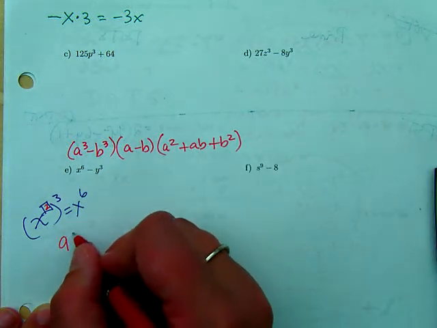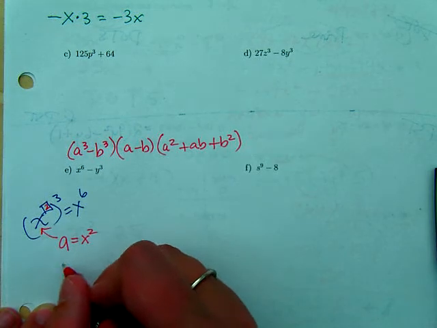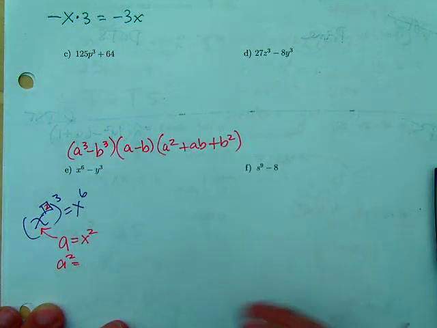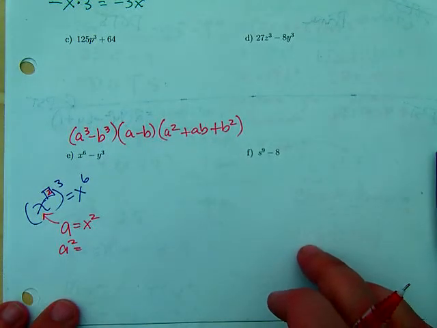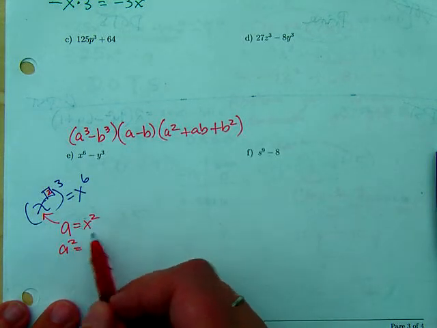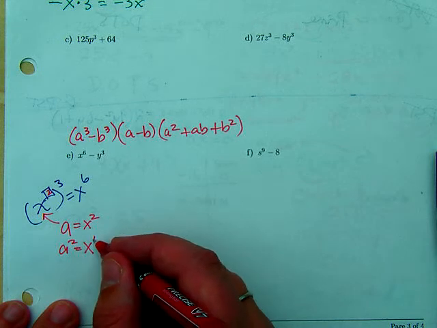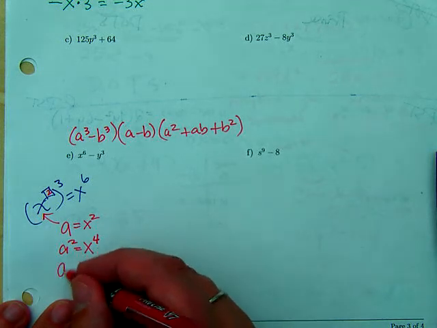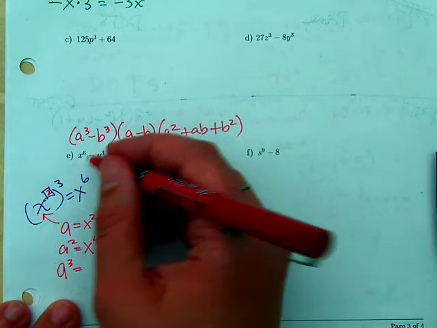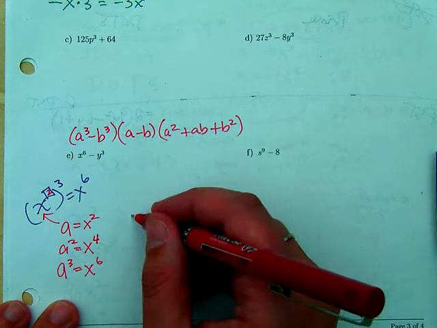So we know that A is equal to x squared. What would A squared be equal to, if I squared this? Yes. And then we already know A cubed, which they gave us, is x to the 6th. Same thing here with y.